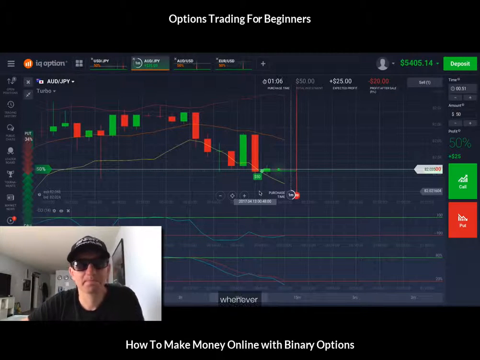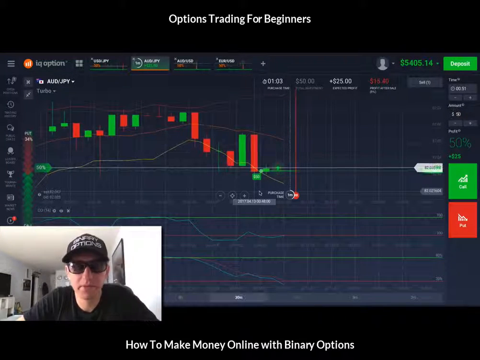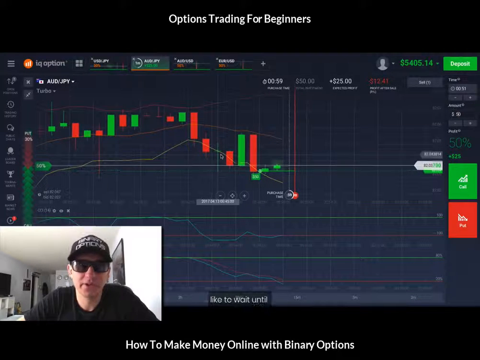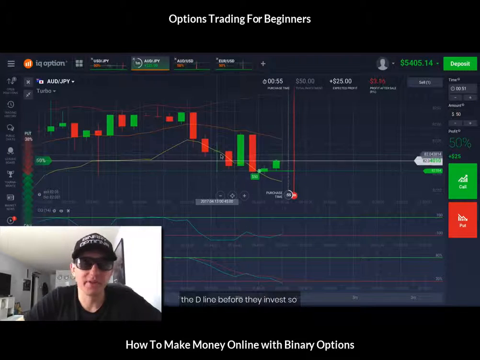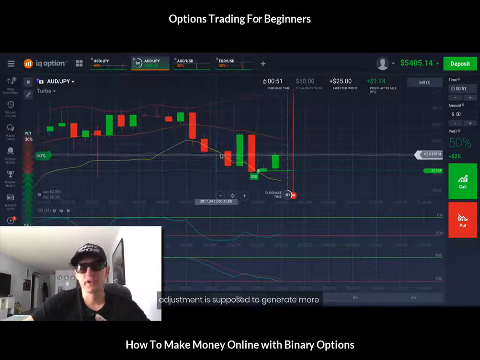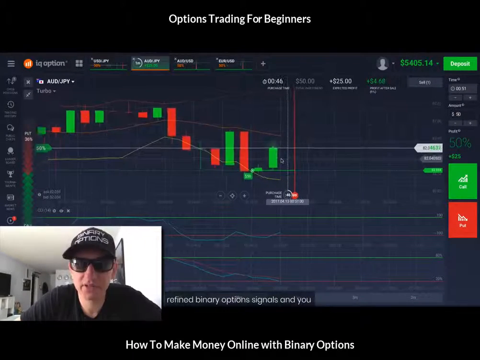So whenever you trade based on the stochastic oscillator, many traders like to wait until the K line crosses the D line before they invest. So this adjustment is supposed to generate more refined binary options signals.